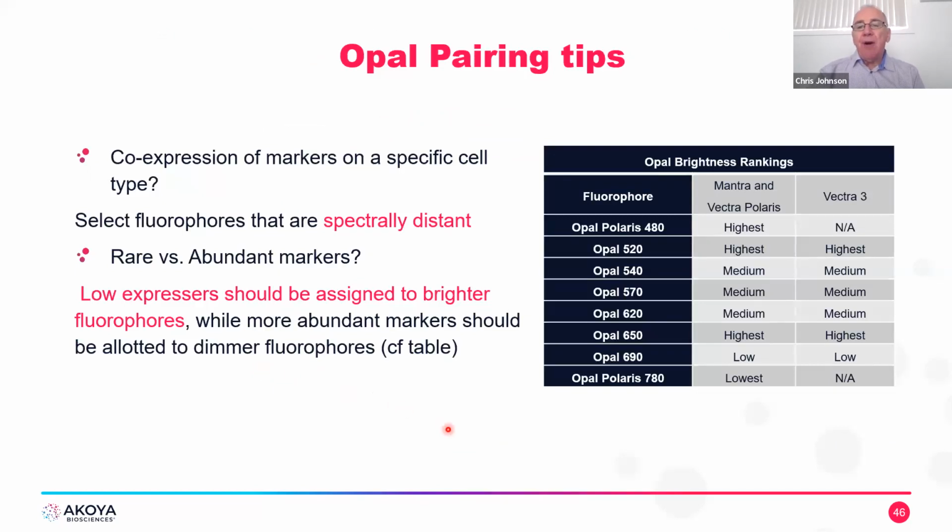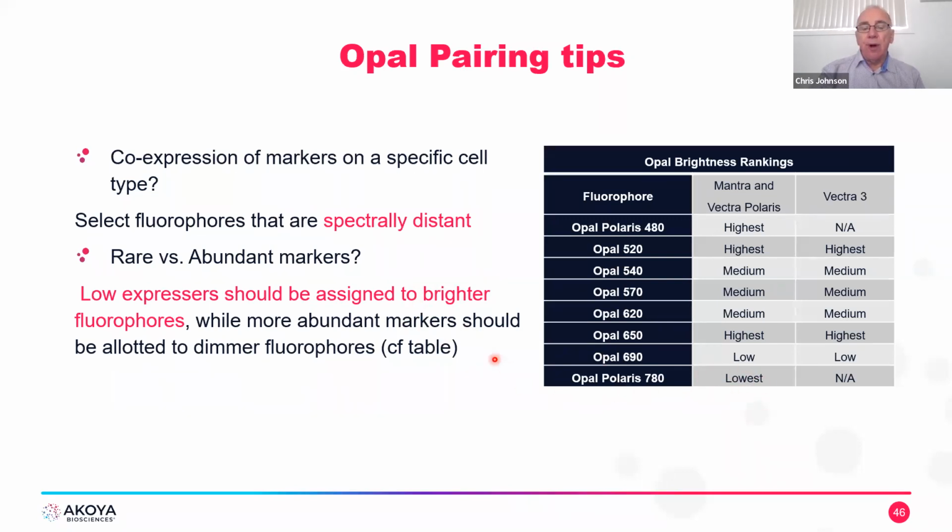So in Opal pairing, we basically will have a series of Opal dyes which have difference in intensity. So Opal dyes like 480 are very strong emitters, where Opal 780 is a very low emitter. So it would follow that the higher expressors from the antibodies would be placed onto the lower emitters.